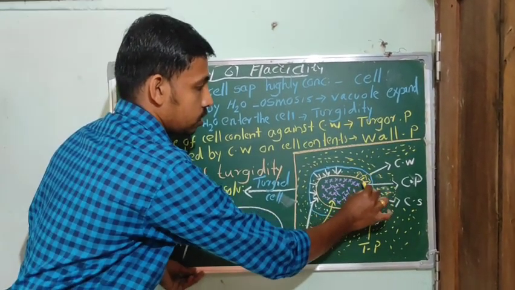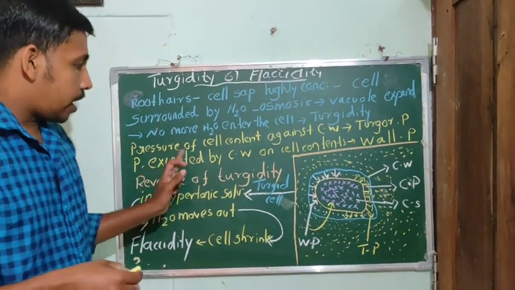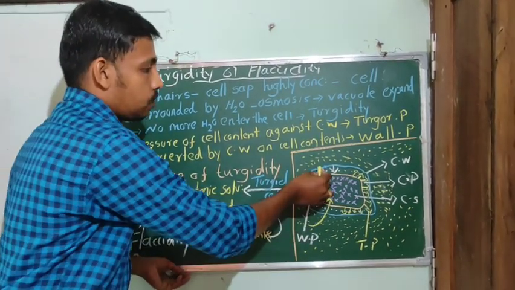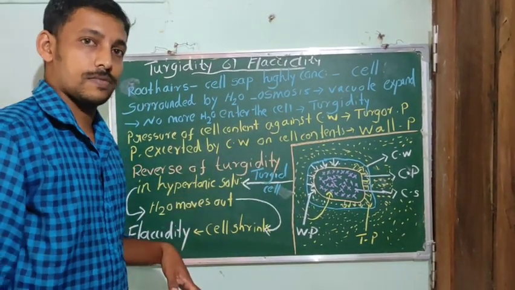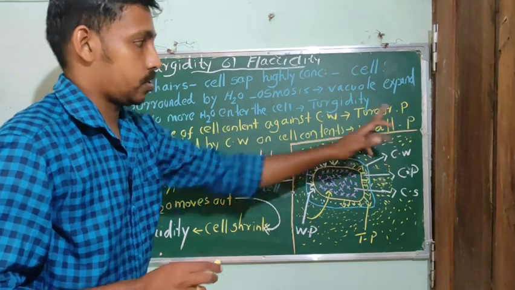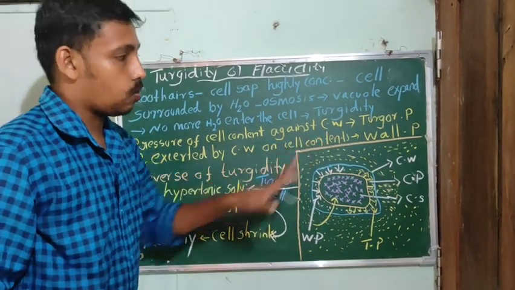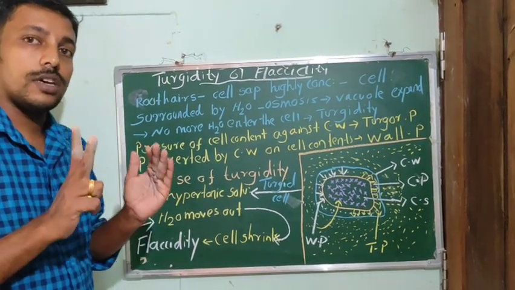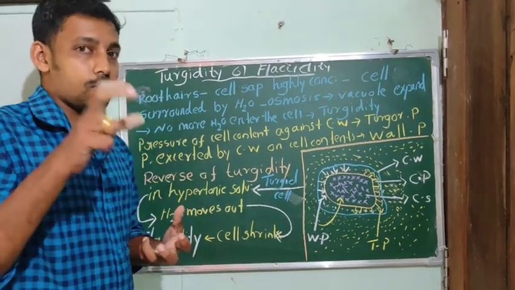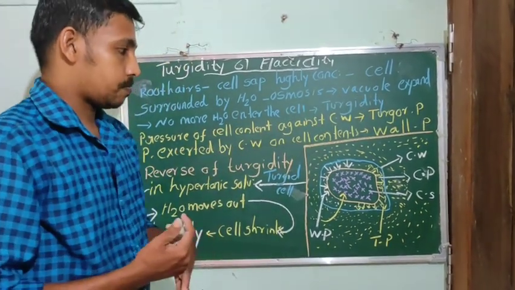So this is the turgor pressure. At the same time, the cell wall exerts some pressure on the cell contents. That is known as wall pressure. The pressure of cell content against the cell wall is known as turgor pressure. The pressure exerted by the cell wall on the cell content is known as the wall pressure.